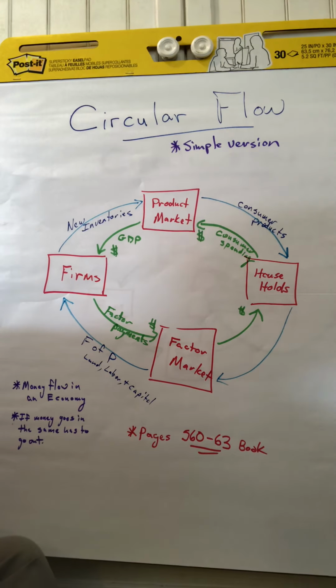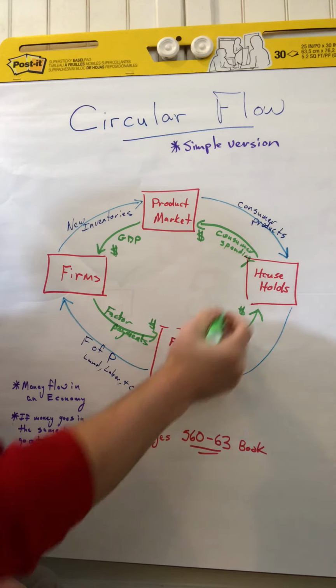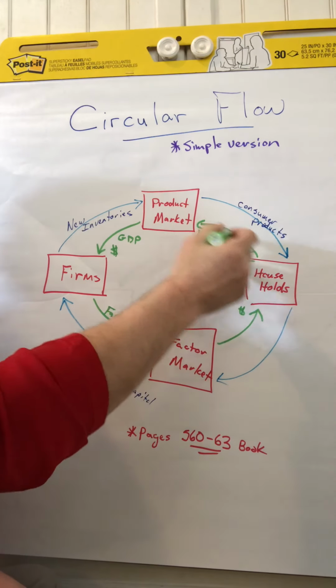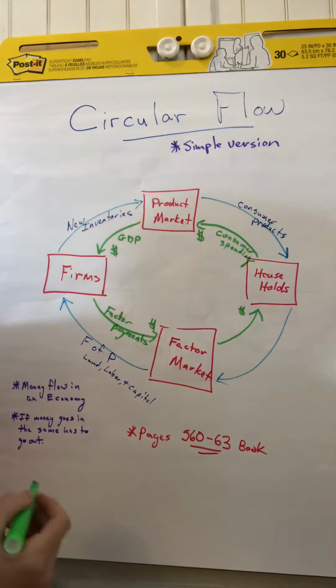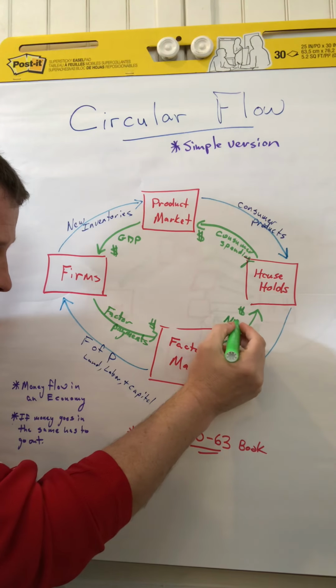Now the factor market is the last spot that the money flows throughout the economy. Basically all this money goes around and eventually comes back into households. And how it comes back into households is called national income.